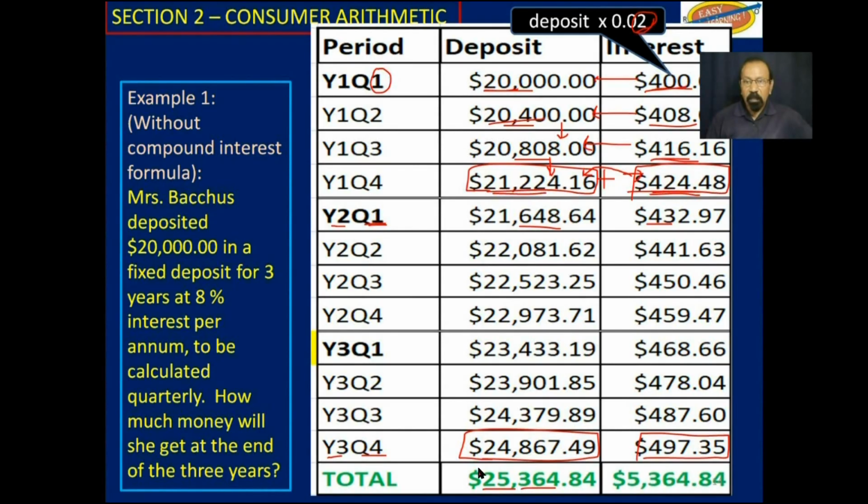In total, this is the amount of interest she got. But these interests have already been taken care of in this number here. So the question says, how much money will she get at the end of 3 years? Our answer is this, $25,364.84. So as I said, the interests have already been taken care of in this amount.